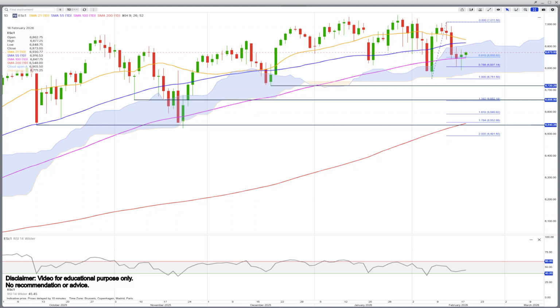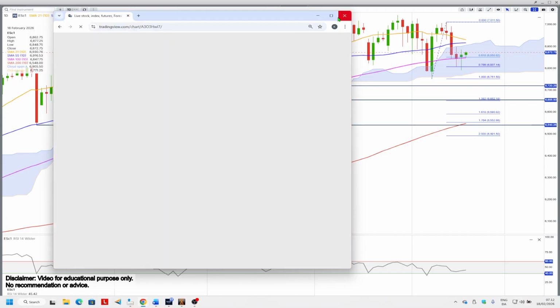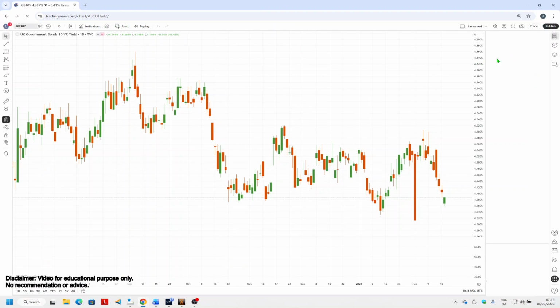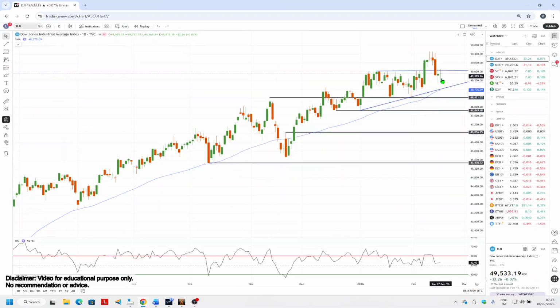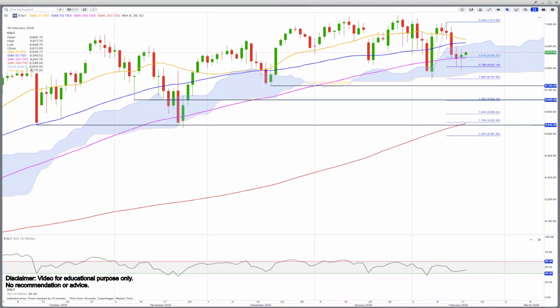The Dow Jones index, and let's have a look at that. That's a little bit slow here, sorry about that. We can see an unchanged day yesterday, still in a bullish trend, higher highs, higher lows, and so on. It's a little bit stretched, but nevertheless it is still in a bullish trend.